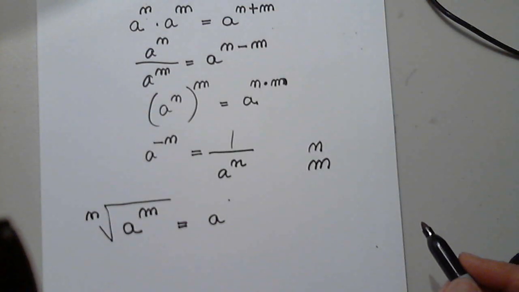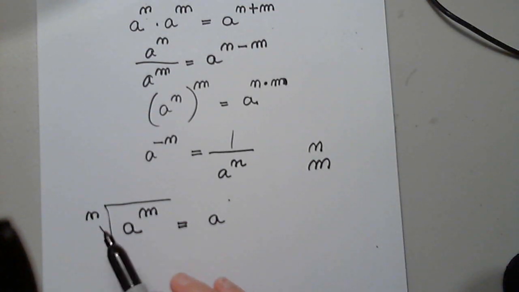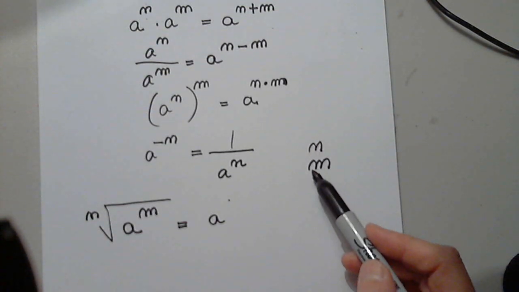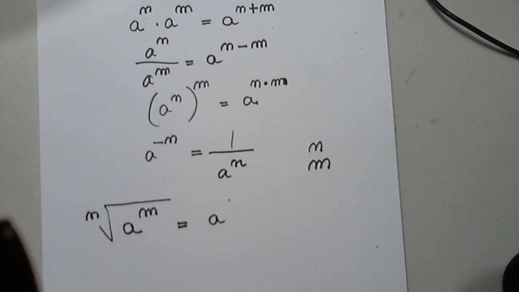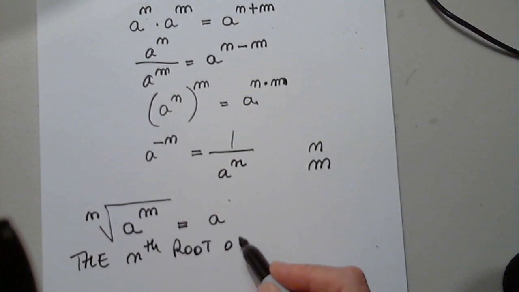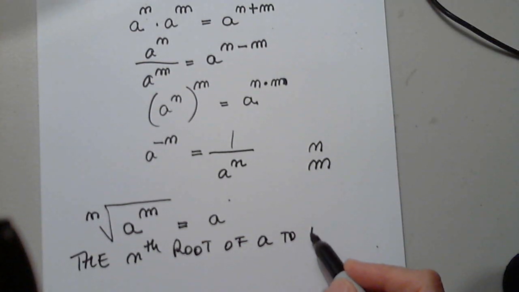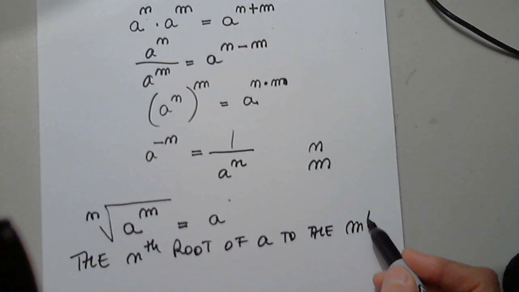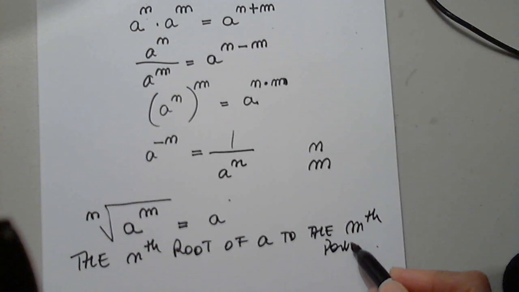Sorry about that if it's confusing. My n has 2 loops, my m has 3 loops. So the nth root of a to the mth power. I know it's a full mouthful.